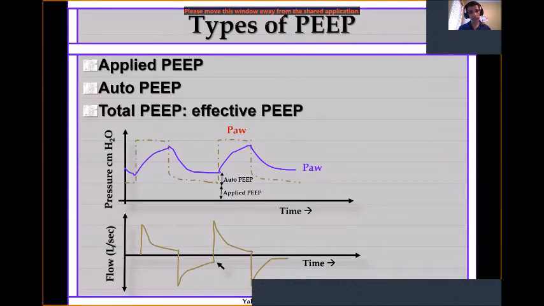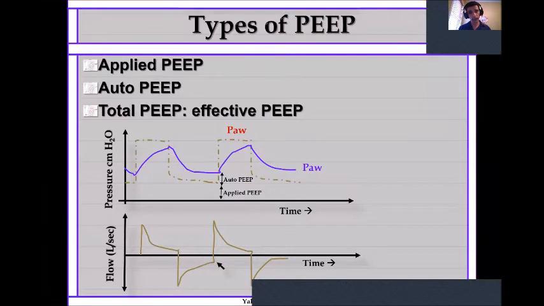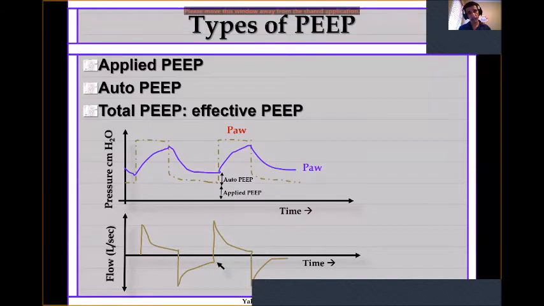You can see the lines during exhalation, then inhalation, exhalation, inhalation. And you can see they are not meeting together, because the alveolar pressure does not go back to normal, so the next breath started before the pressure goes back down.